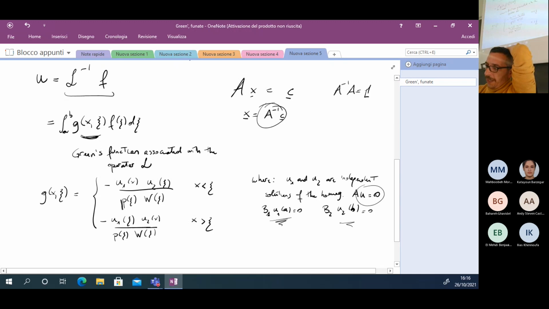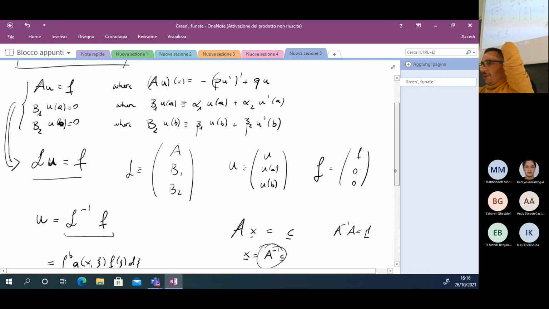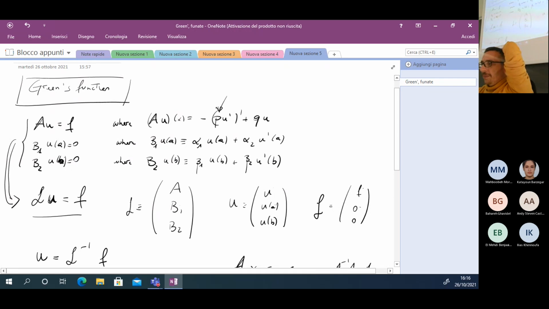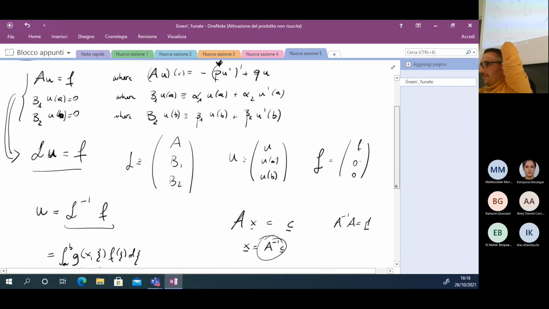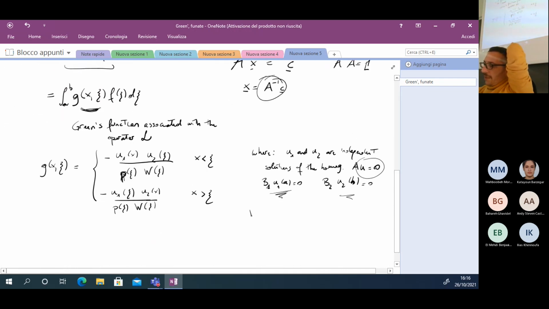What's p? This function p is the function that is in the operator A. What's W? W is the Wronskian.